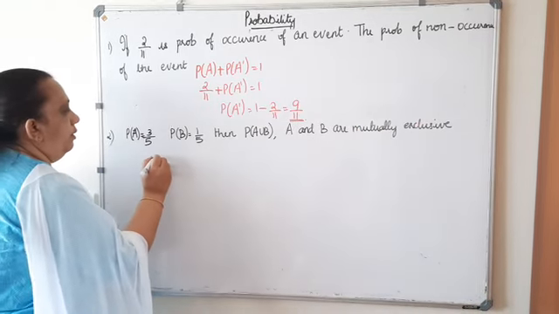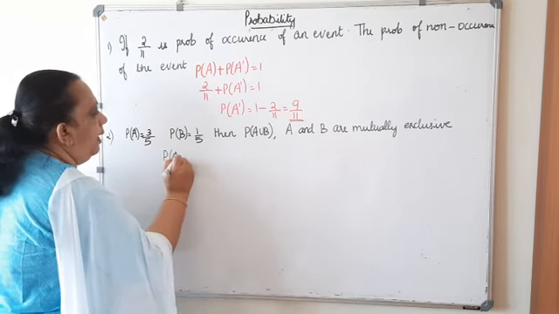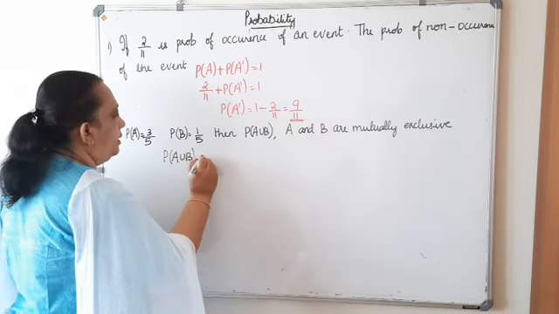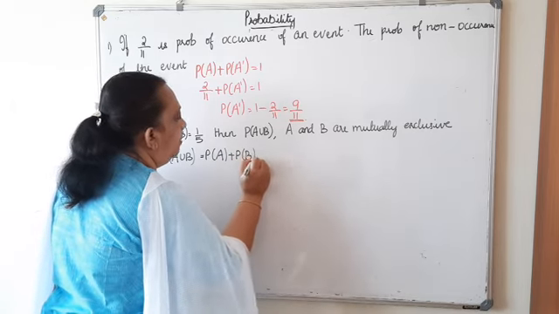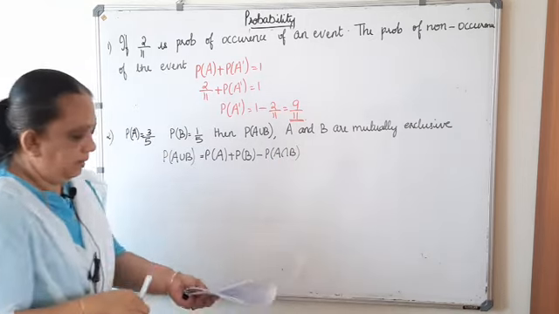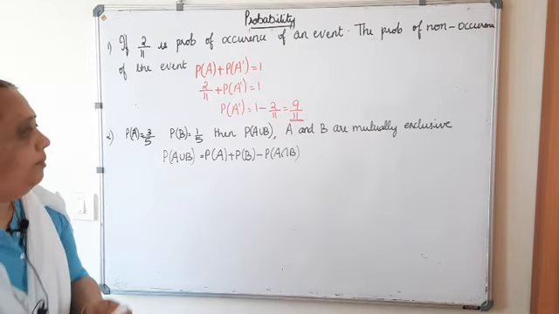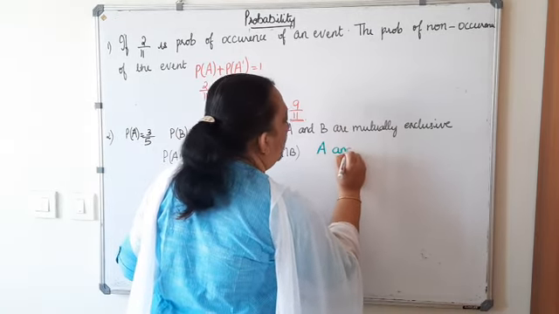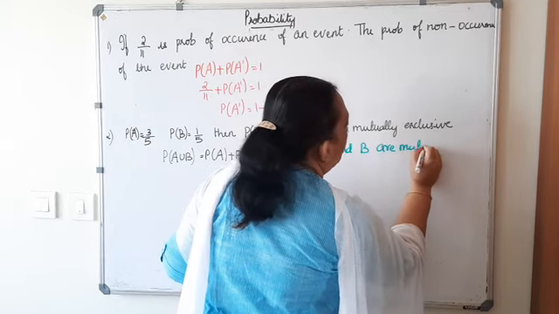Now, you have studied a formula for P of A union B. What is P of A union B? It is equal to P of A plus P of B minus P of A intersection B. But here one condition is provided, that A and B are mutually exclusive.